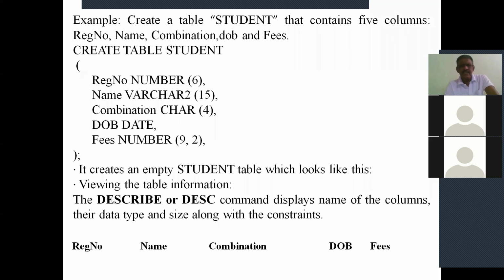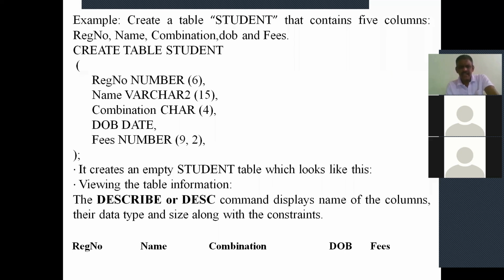Then next, third, with the help of comma again, separator is there. Combination, char of 4. Right? Char of 4. It may be PCMB, PCMCS, PCME, like that. Or else, A, E, B, CS.